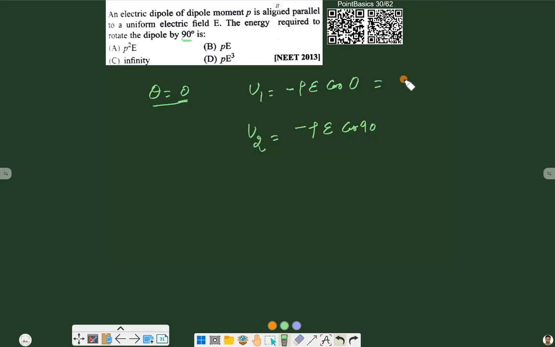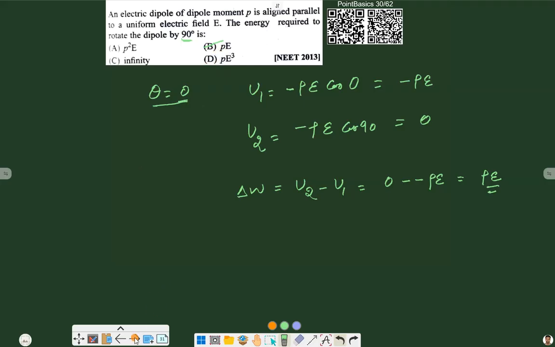So this will be minus PE, and we know that cos 90 is 0. So change in energy, or we can say work done or energy required, will be final minus initial. So 0 minus (minus PE), that will be positive PE. So option B will be the right answer.